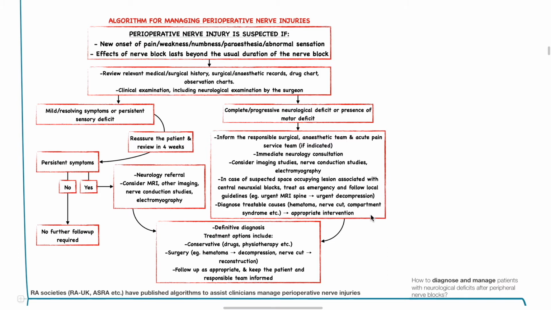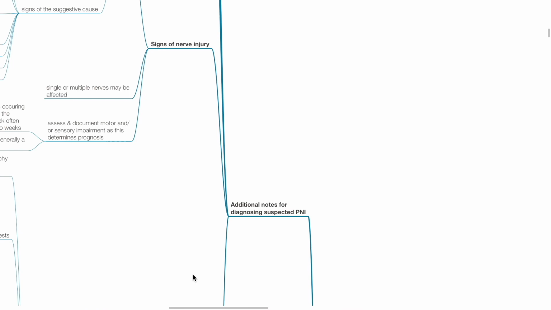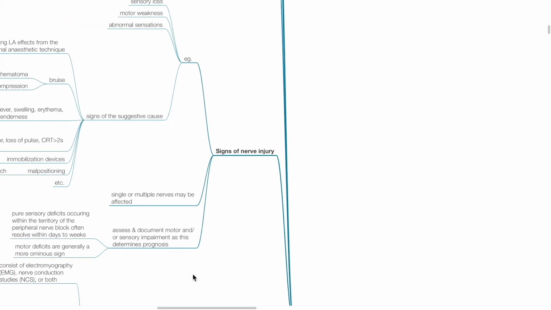Diagnose treatable causes such as hematoma, nerve cut, compartment syndrome, and abscesses, and administer appropriate intervention. Treatment options include conservative or surgical, as mentioned. Follow up as appropriate.